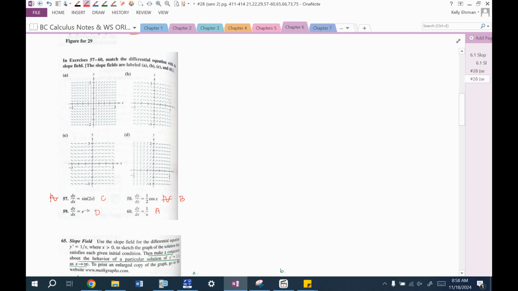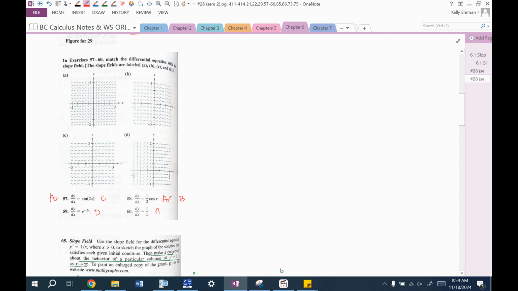So when x equals 0, number 60 is undefined, which looks like that's what's happening here. There are either vertical tangents sketched in, or they just don't have anything. And then versus D, at 0, there's clearly a positive slope there. So 60 has to be A, which leaves us with D for this one.